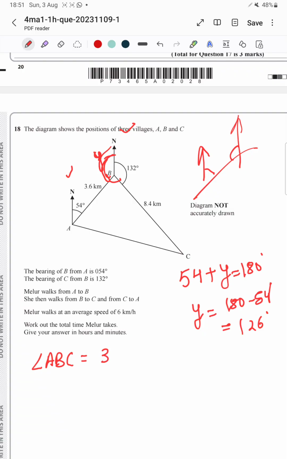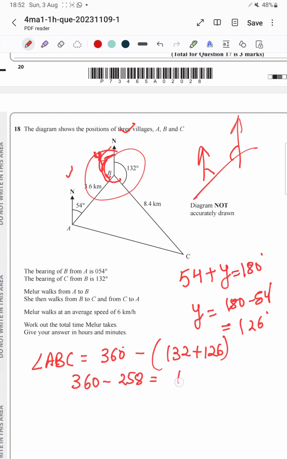Now we have to find angle ABC, the inside angle. That will be 360, because the full angle is 360, take away 132 plus 126. So that is 360 minus 258, and that gives me 102 degrees. Now this angle is known to us.